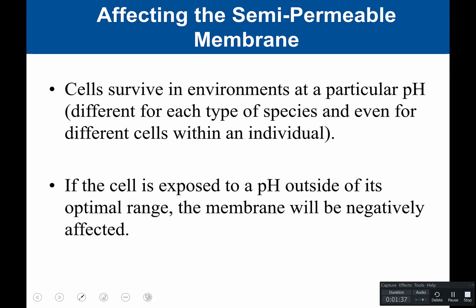If a cell is exposed to a pH outside of its optimal range, the membrane will be negatively affected, meaning that this could cause the cell to die. The reason is, if you think about what the cell membrane is made of, remember that I said that one of the components of the cell membrane is going to be the proteins.